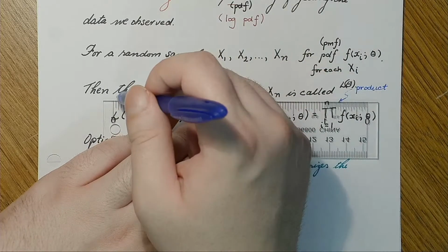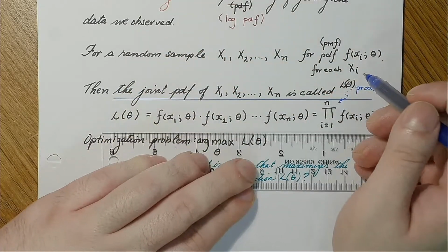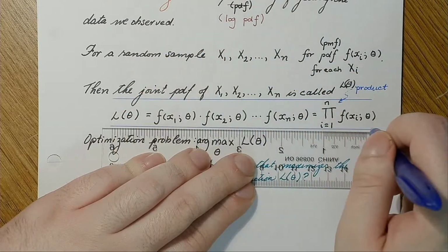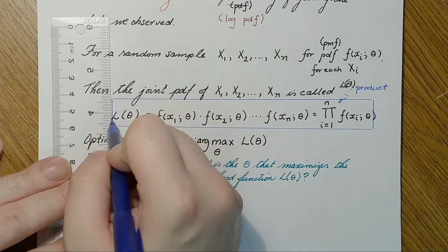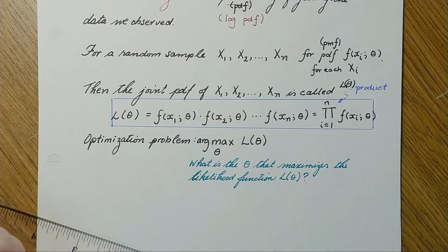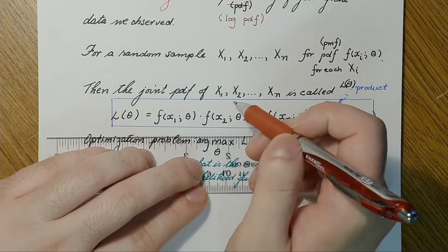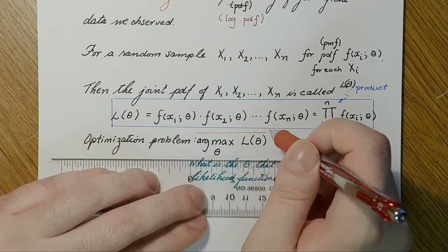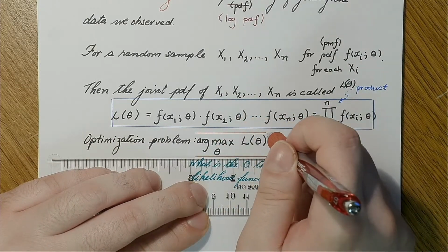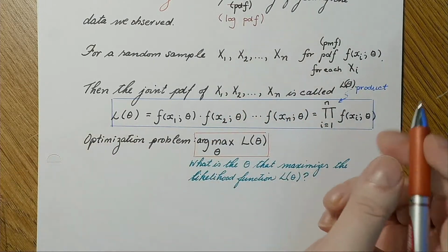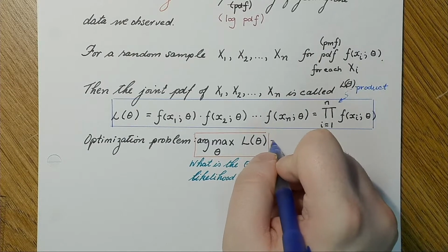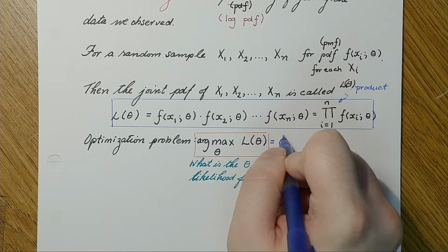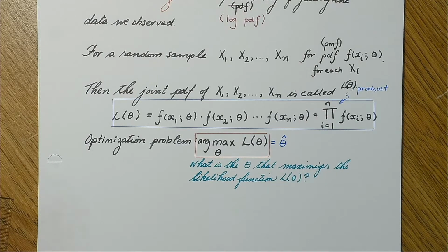So we have this likelihood function that we've now expressed, and this is the problem that we're trying to solve. And that's what we'll call our estimator there. Okay, that's what we want.